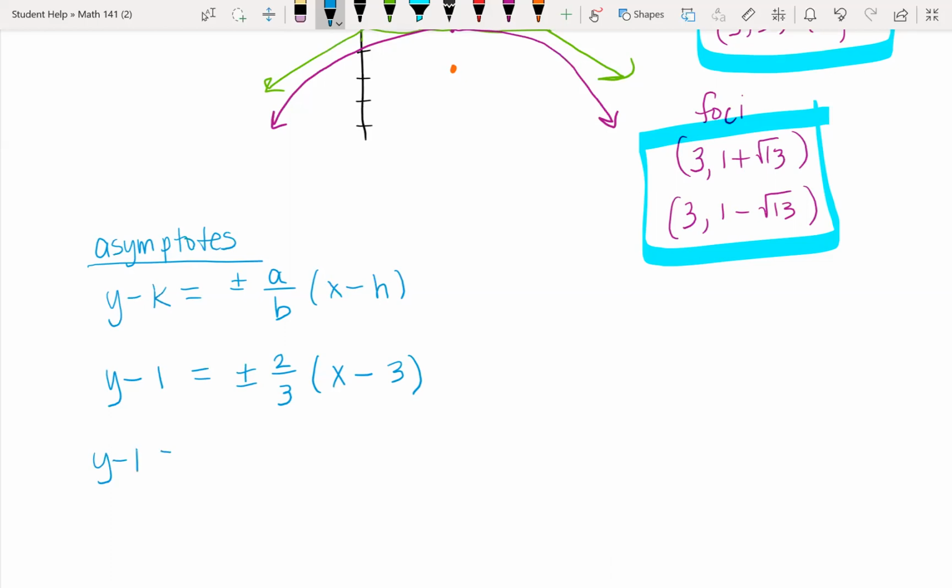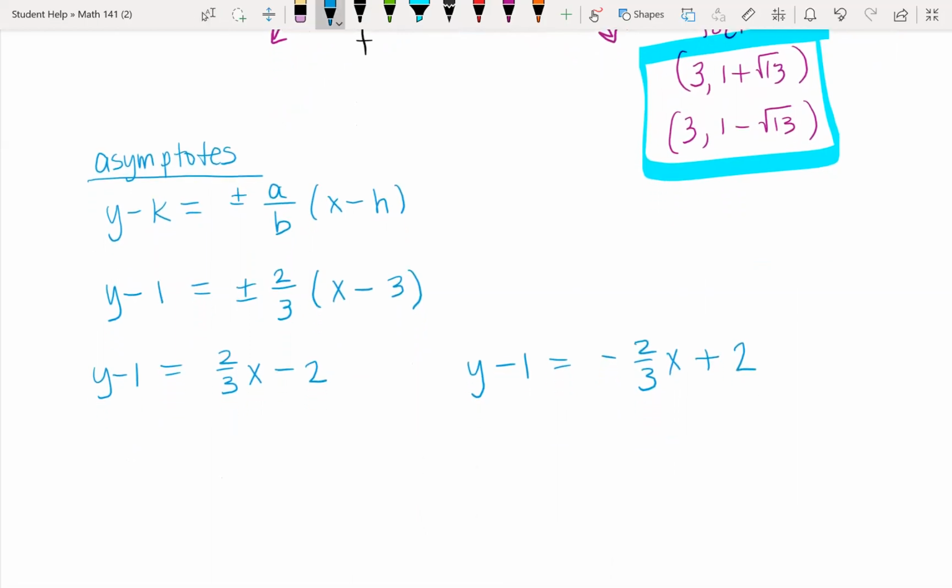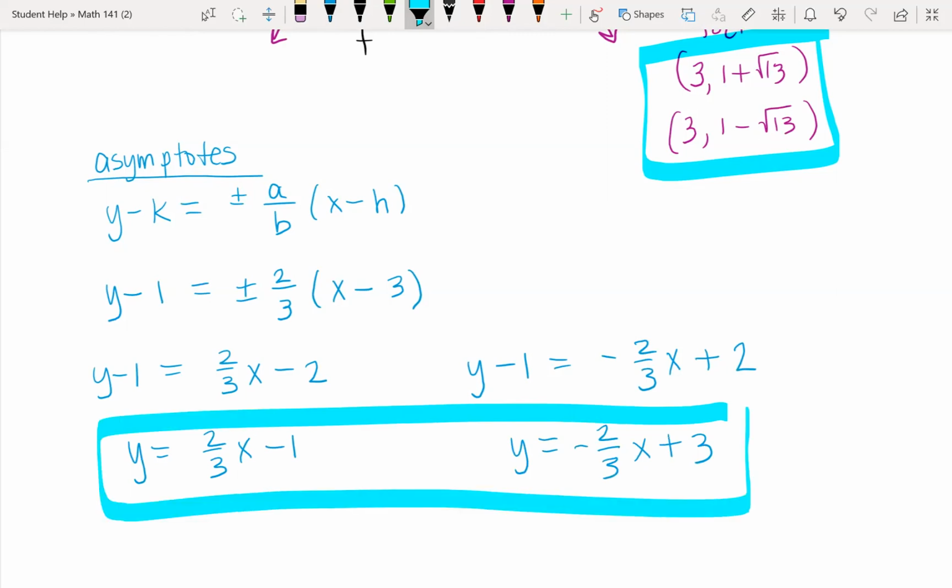So y minus 1 equals 2/3 times x minus 3, or y minus 1 equals negative 2/3 times x minus 3. And we'll add 1 to both sides. Y equals 2/3 x minus 1. Y equals negative 2/3 x plus 3. So those are your two asymptotes.